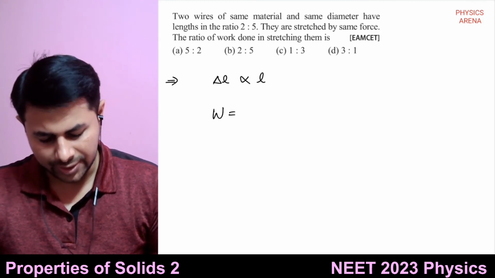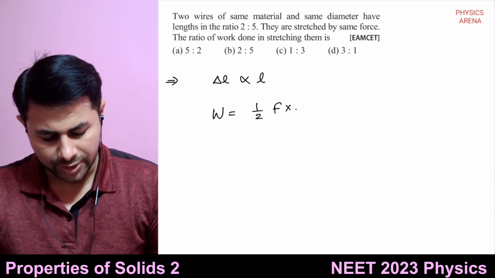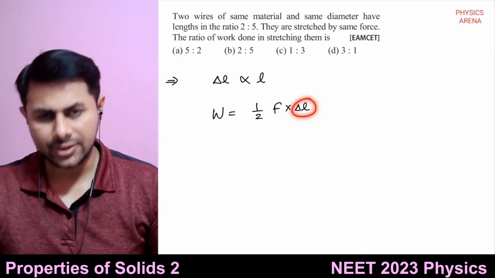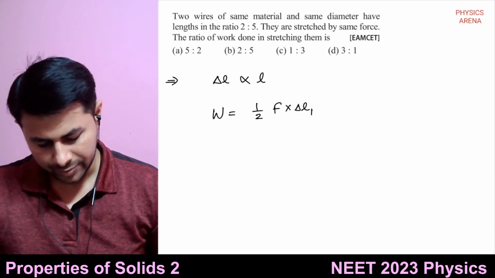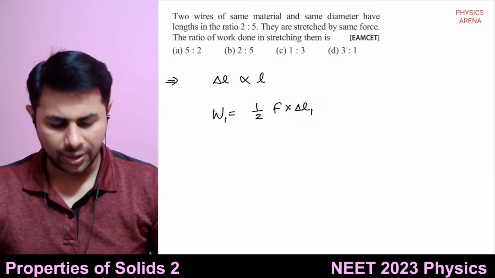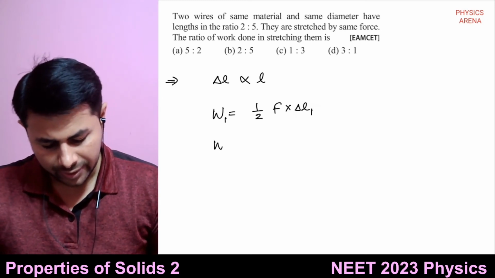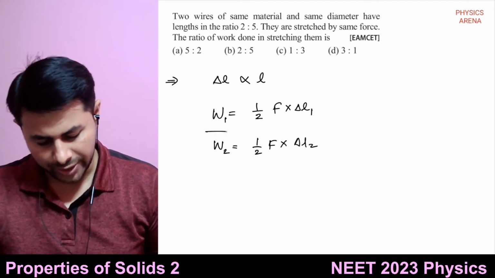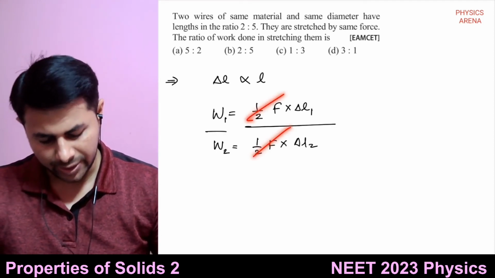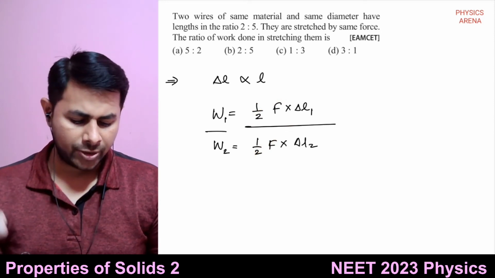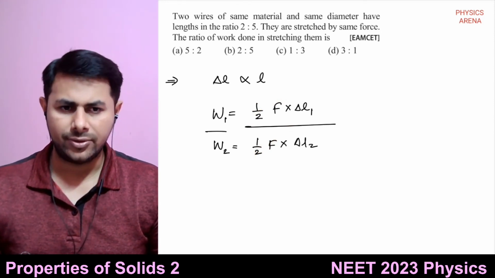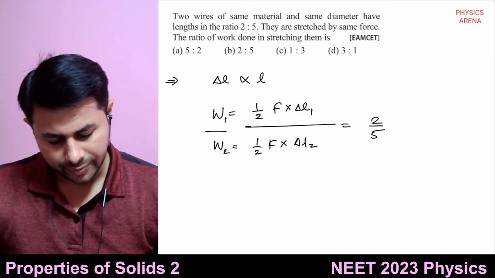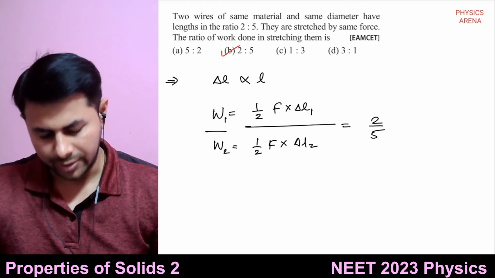Work done is equal to half of force into extension. Extension is directly proportional to length. So W1 equals half of F into delta L1. W2 equals half of F multiplied by delta L2. If you take ratios, then half F gets cancelled. Delta L1 upon delta L2 will be what? 2:5, because the length ratio is 2:5. So it is option B.